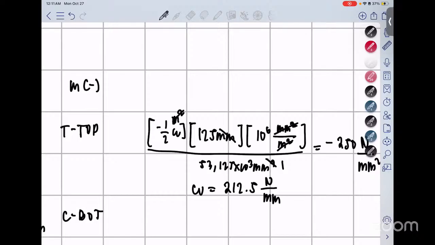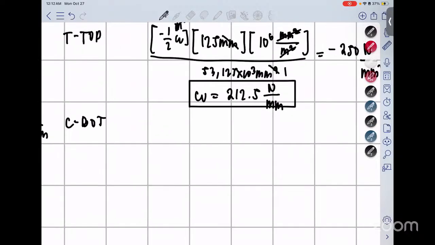So hindi siya pwedeng lagyan ng loading na ganyan, meaning ito yung mas limiting factor, smaller load. Generally, for design problems, smaller load, higher diameter, higher thickness, yun yung nag-govern.